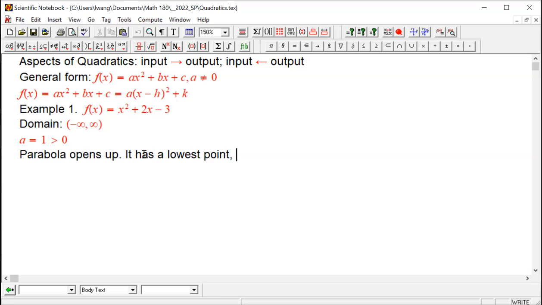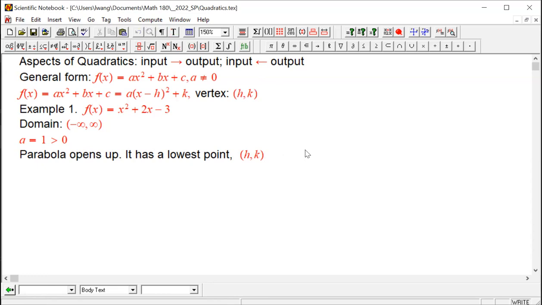Okay, and this lowest point, we call it (h, k). In fact, this h and k is the same as the h and k in the completed square form. And in fact, the vertex is (h, k). What is the meaning of h and k?